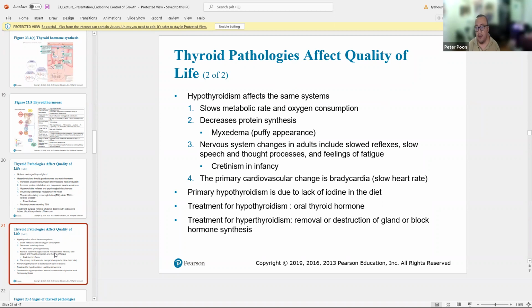If you live in California, you probably are not lacking iodine simply because we live next to the ocean, and I'm sure you guys eat a little bit of fish, shrimp, and other stuff from the sea. But people who live inland traditionally couldn't get enough iodine, and therefore they needed to add iodine to salt.